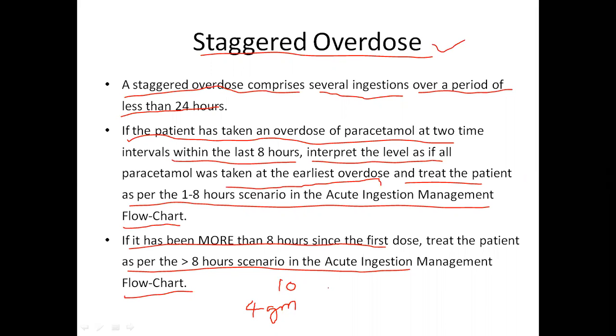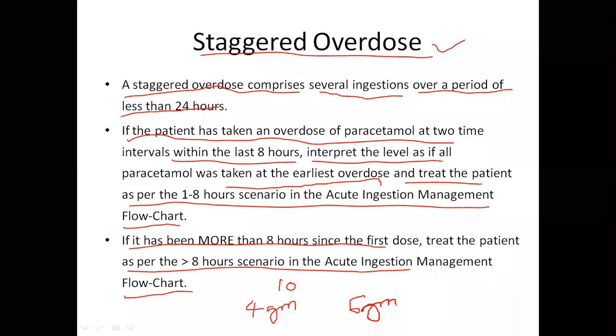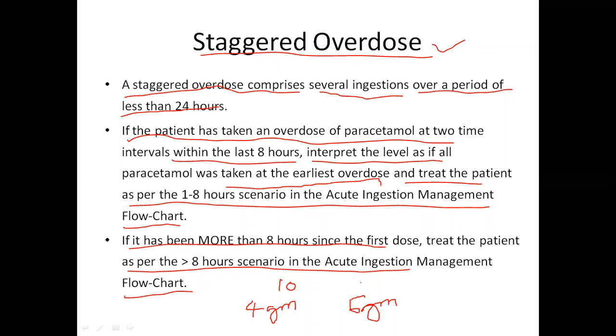And again he took another 6 gram of paracetamol, at 12 in the afternoon, just say. And he comes to the hospital, or someone brings him to the hospital, at 2 o'clock in the afternoon. Is the scenario clear?